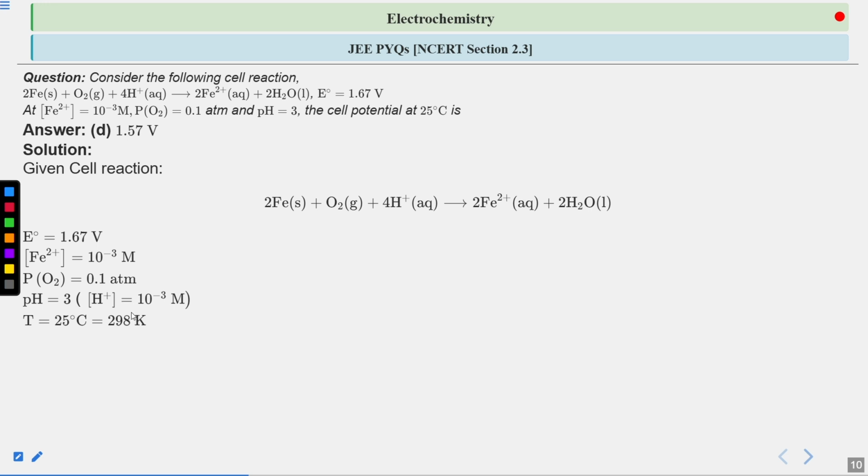You have to convert it into Kelvin by adding 273 to the Celsius value, which is the standard conversion. So it will become 298 Kelvin. And you can take 2.303 RT by F as equivalent to 0.059 volt, which we generally consider to simplify our calculations.